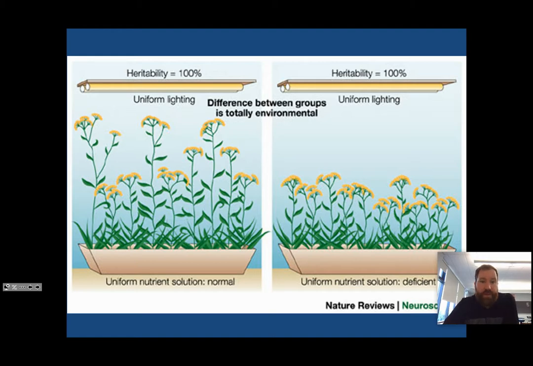The difference within the size of the plant on each half of the image there, okay? So on the left hand with the taller plants versus the right hand with the shorter plants, the difference between the taller plants and the shorter plants within each planted pot is 100% due to genetics.